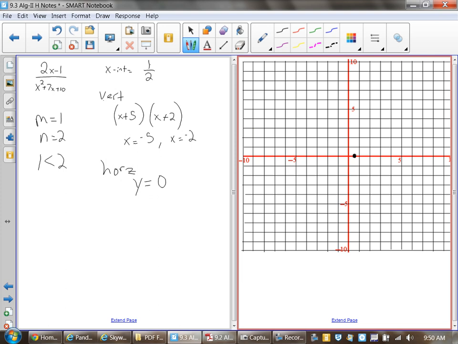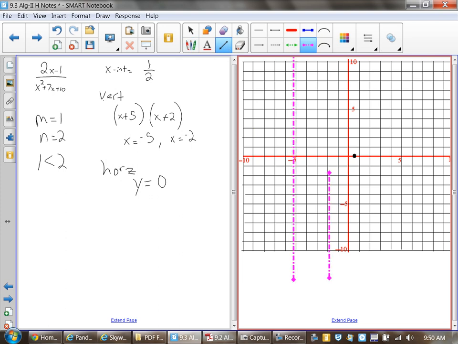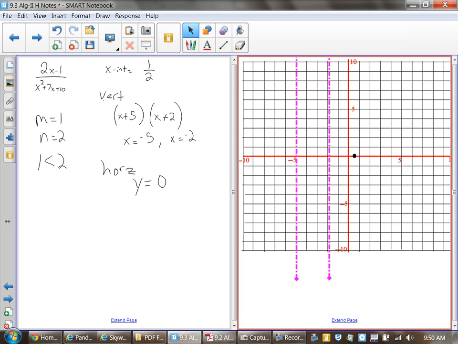If I know I have an asymptote at -5 and -2, what should I do? Draw some dotted lines. And then I have a horizontal asymptote where? 0. So I draw another dotted line.